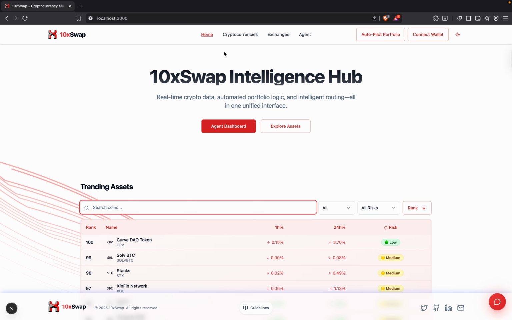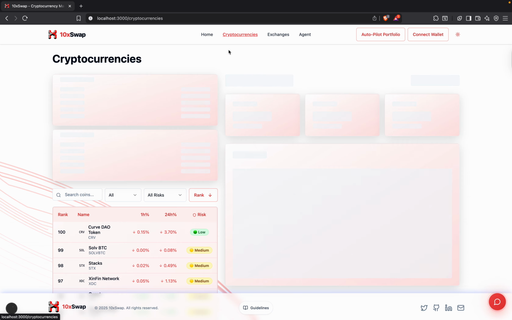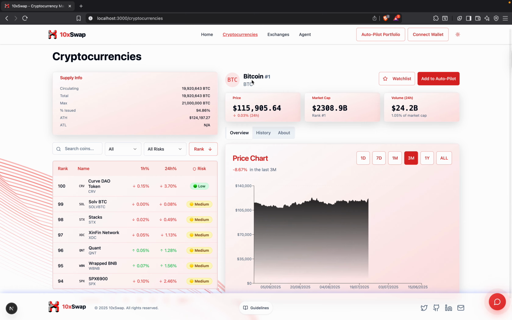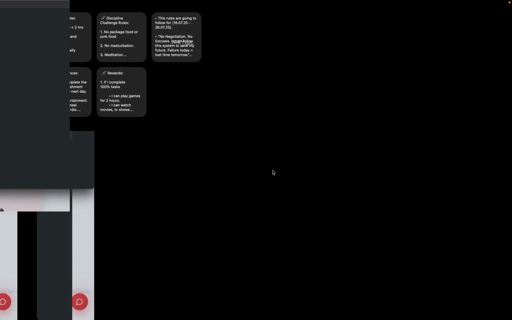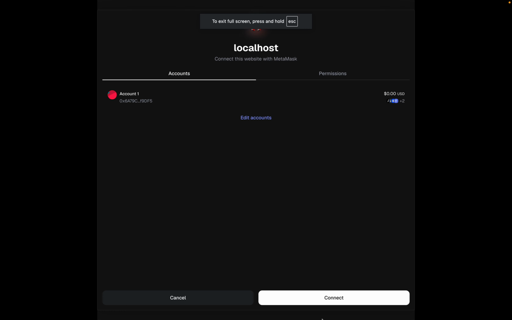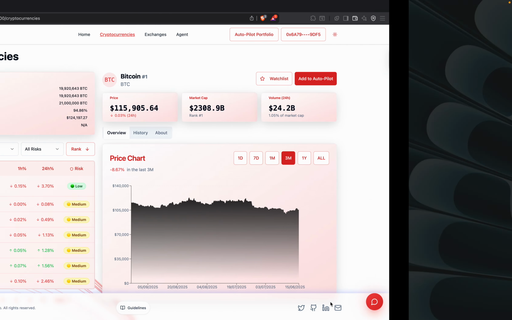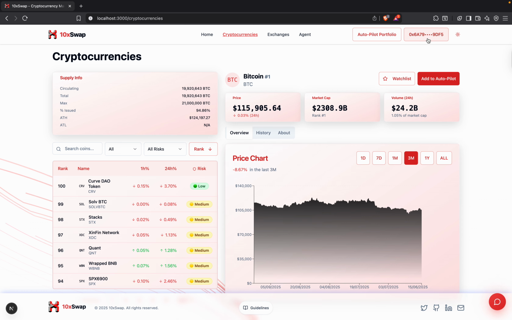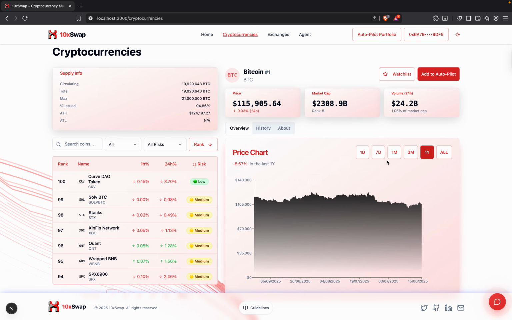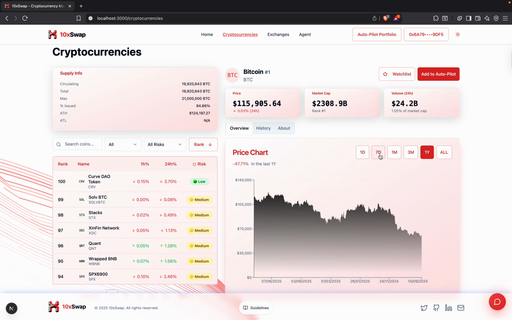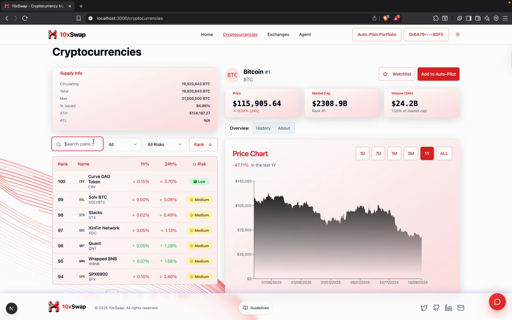Now, let's go to the working. Initially, the user has to log into our account of 10xSwap and connect his or her MetaMask wallet. As you can see, the MetaMask wallet has been connected. In this part, we can see that it shows all the real-time values of the coins that are present in crypto trading.